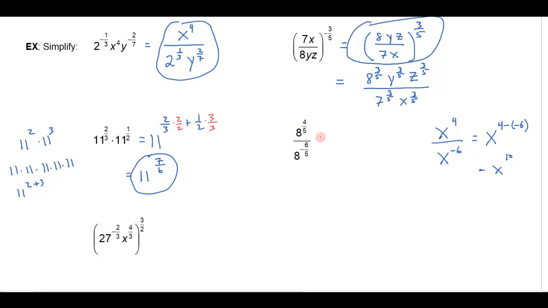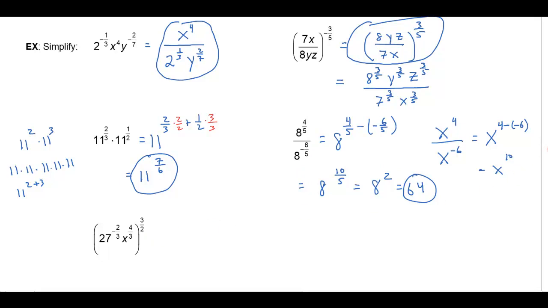Well, I'm going to do the same thing here. This would be 8 to the 4/5 minus the negative 6/5. And that's 8 to the 4 minus a minus, that's going to be plus, so that's 10/5. And I can reduce 10/5, that's 8 squared, and so I just get 64 in that case. So that simplified a lot.